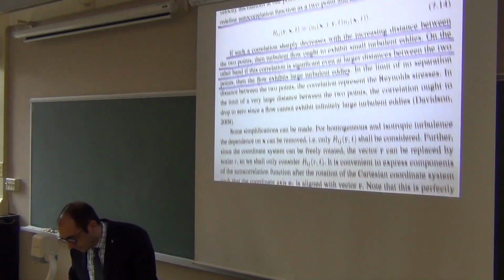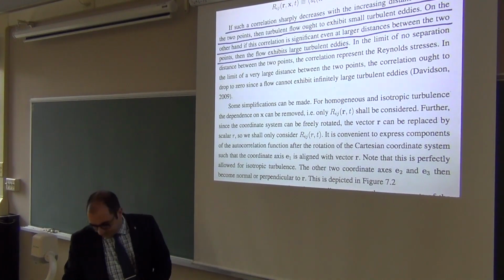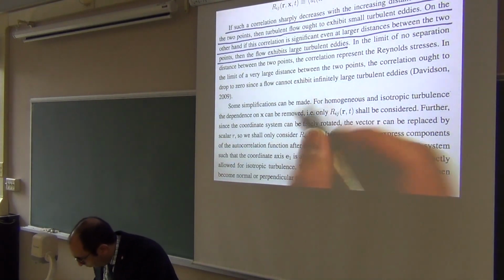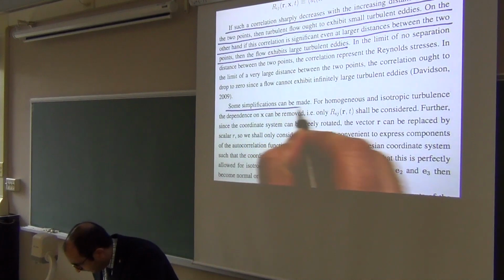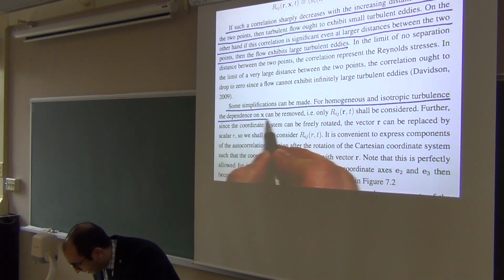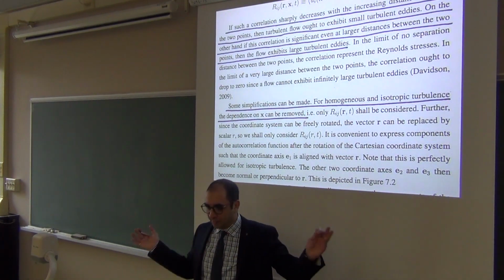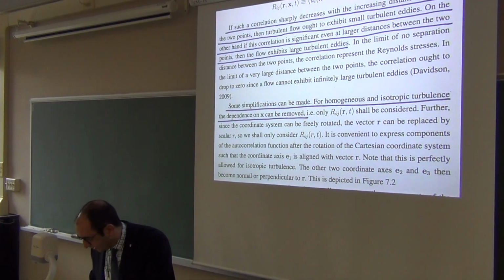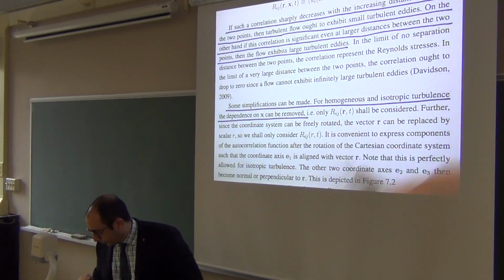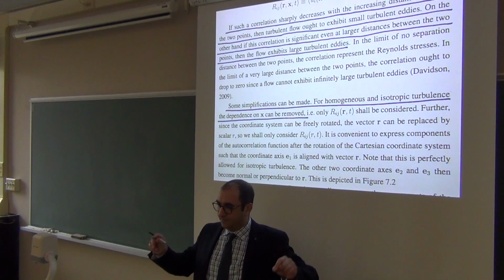Although you can make some simplifications for homogeneous and isotropic turbulence, you know, the dependence of X can be removed. It's homogeneous. It's every way turbulence is the same. I can remove X from this in homogeneous form. Isotropic also, that I can remove the directional dependency, right?